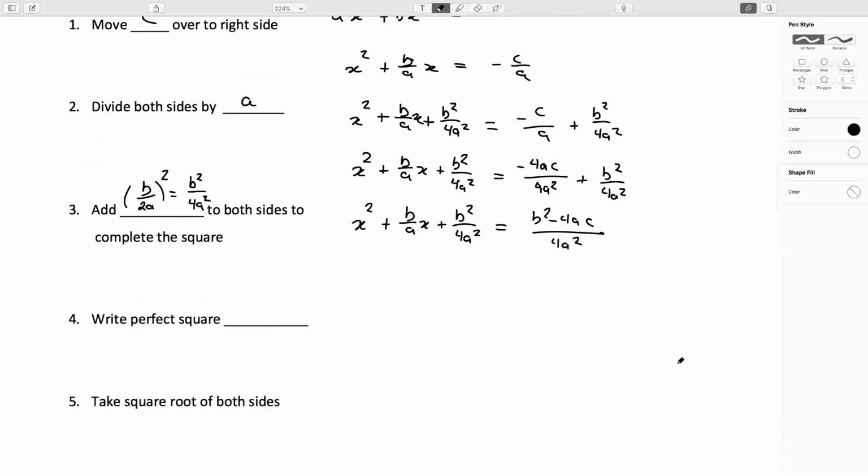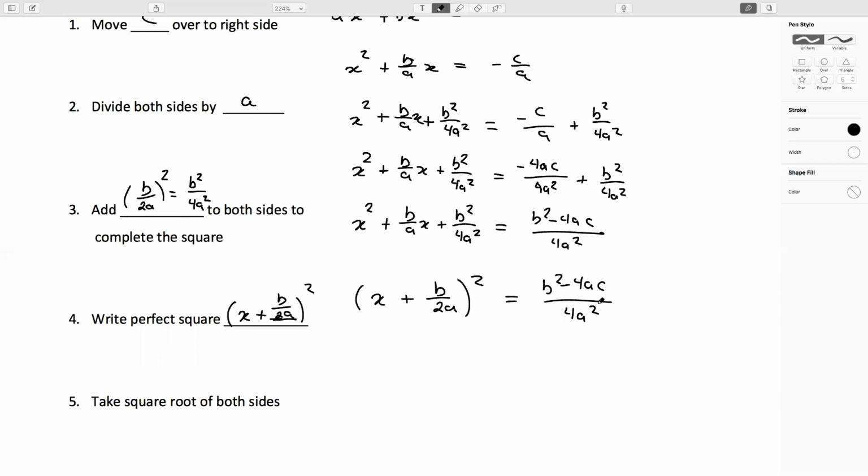Okay, we can take the left-hand side now. We can write it as a perfect square trinomial. It's going to be x plus something all squared, and that something is what was in our original set of brackets. It's going to be b over 2a. So the left-hand side is going to be x plus b over 2a squared equals b squared minus 4ac all over 4a squared.